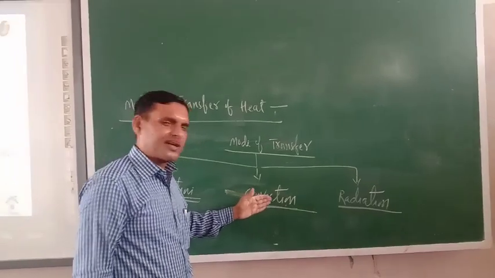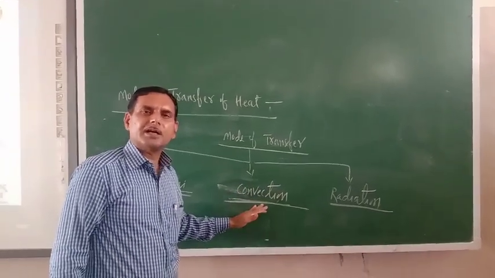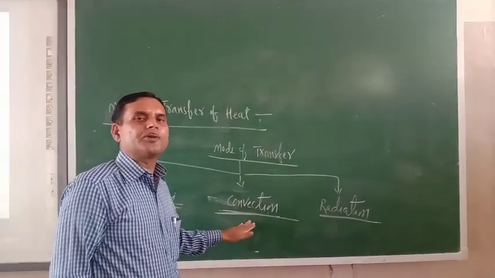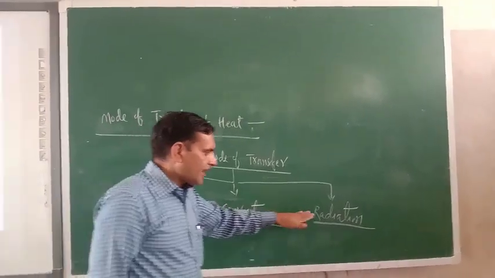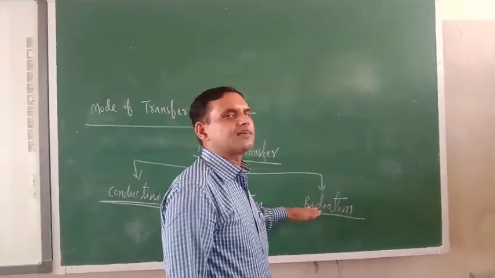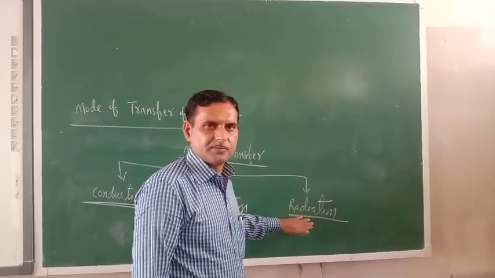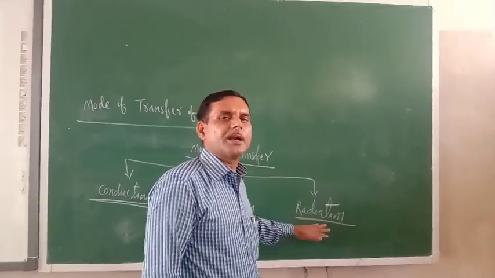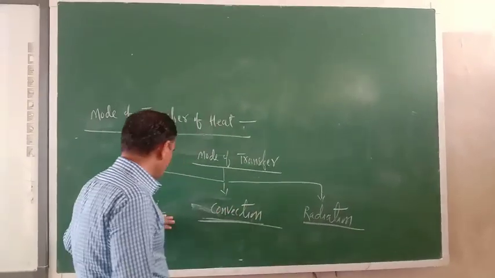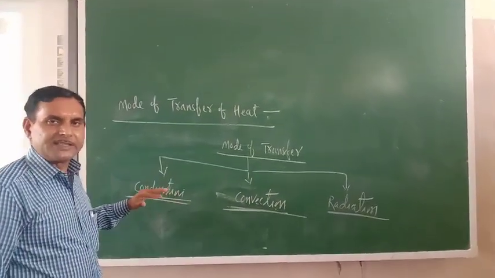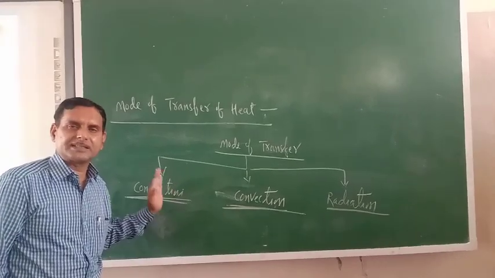Next one is convection. Convection is the transfer of heat in liquid and gas. And radiation is the mode of transfer of heat which takes place without any medium. It does not require any medium. We'll discuss them one by one in detail.